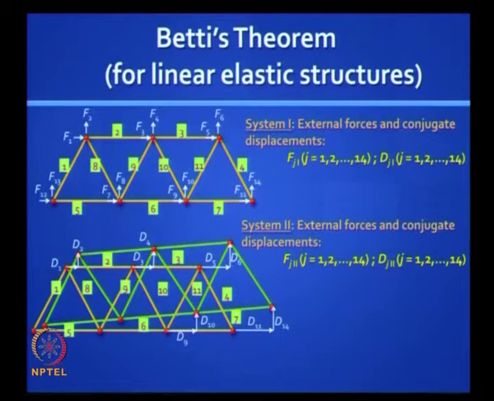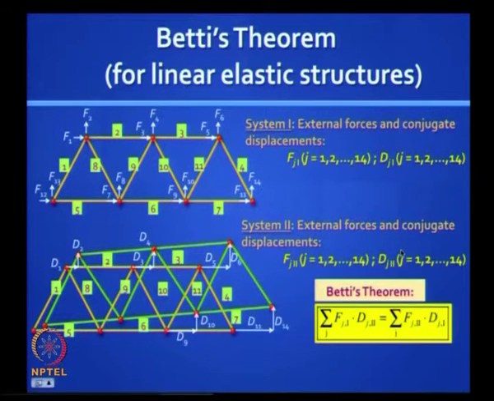Do not worry about the internal forces and deformations. And let us say you have the same truss or the same structure, but a completely independent force and displacement field. So, we will label this as system 1, the top one, and the other one as system 2. And this is Fj1, Dj1, and this is Fj2 and Dj2.